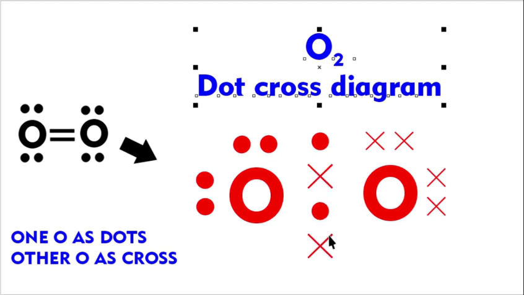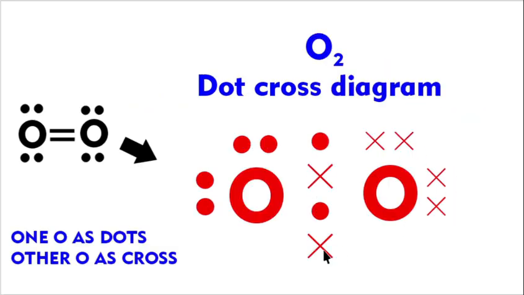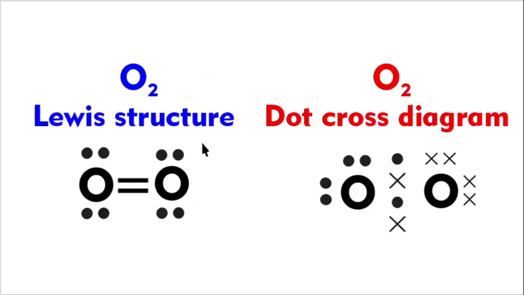You just mention the dot and the cross, with one oxygen's electrons as dots and the other oxygen's electrons as crosses. Then you can make the dot and cross diagram. If you want to convert this into an all-dot Lewis dot diagram, remove these crosses and put dots for all. So this is the Lewis structure, and the dot and cross diagram, for the oxygen molecule.